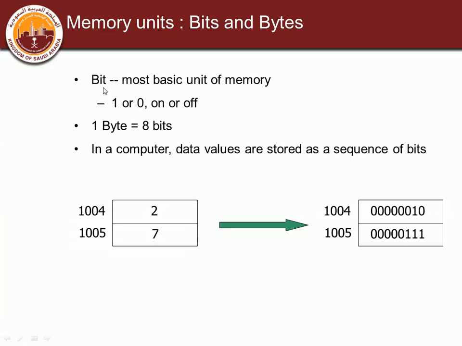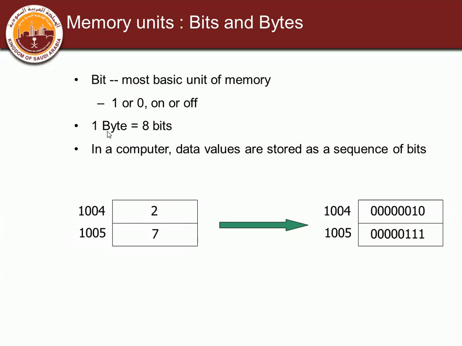Don't mix up a bit with a byte, because a bit is 0 or 1, and a byte is 8 of those. You group 8 of them, and it's 1 byte. We're not talking in bits. When we download something, we see megabyte, kilobyte, gigabyte.